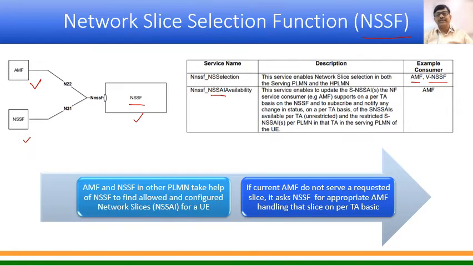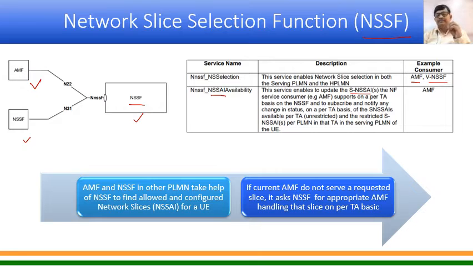So the AMF would subscribe to this particular service, so that for the particular slice or S-NSSAI, support on a per TA basis is available from the NSSF, and to subscribe and be notified of any change in the status on a per TA basis. So AMF will subscribe to this service, and if there is any change, the AMF will be notified about that.